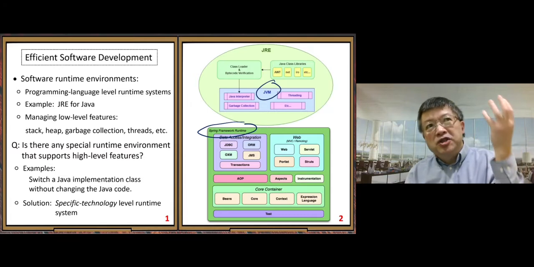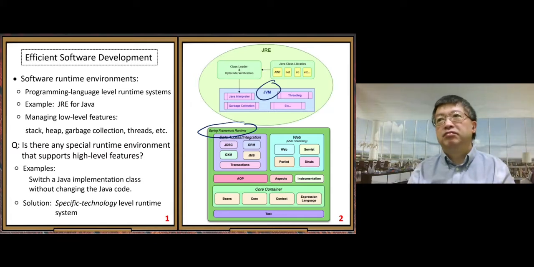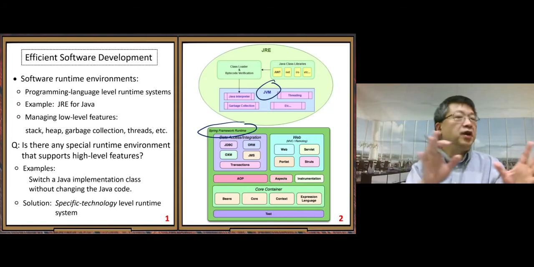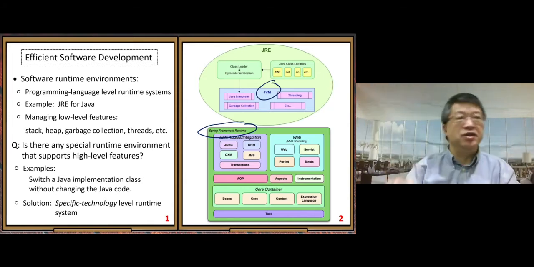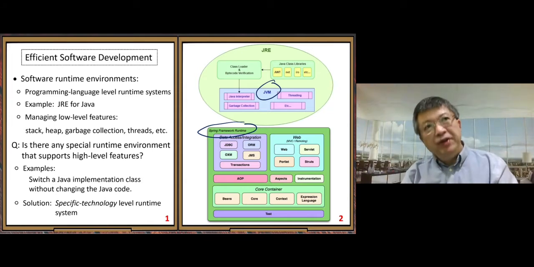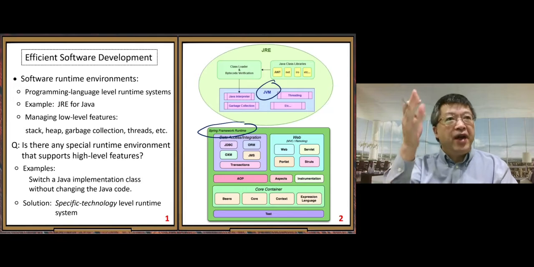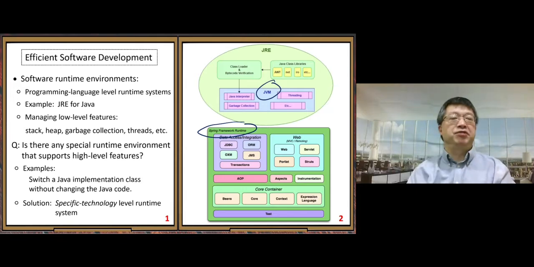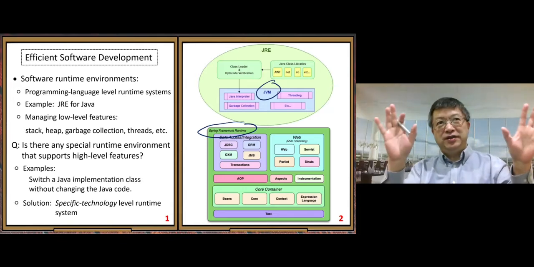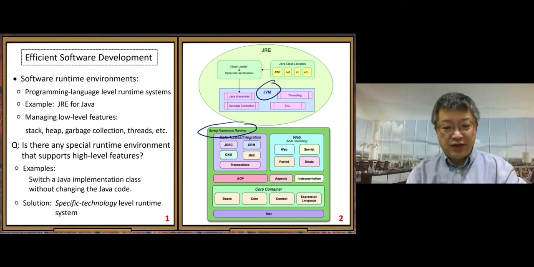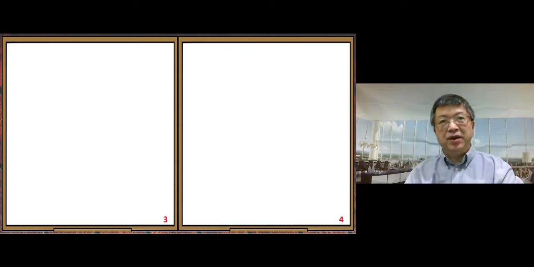This specific technology. For other technologies, it cannot do anything. So different technologies have their own runtime environments. So that's the first thing we want to know from the first slide.